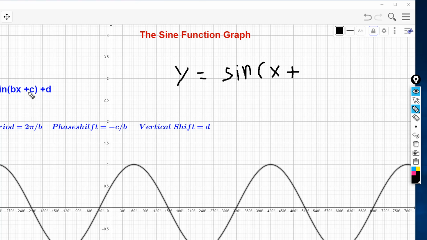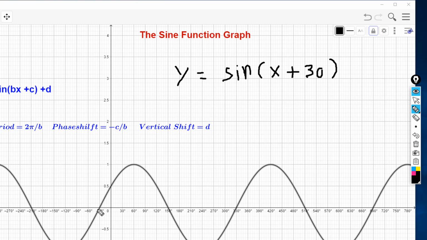And remember, in the way I defined it, this c has a 30 in front of it, so this will be plus 30. And that's in degrees. And then d is 0, so this is what we have. Okay, so now this is the graph we get if I make that change in the parameters.